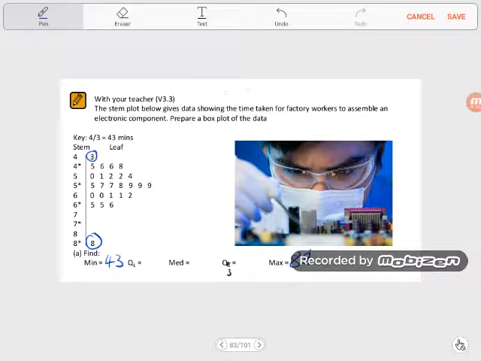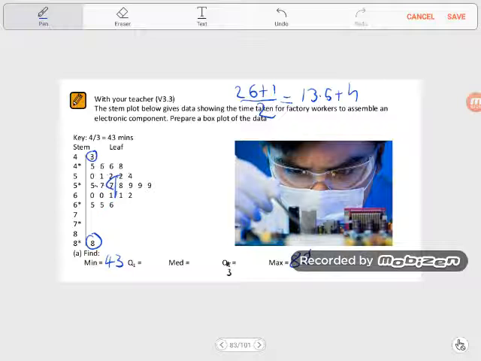So that little algorithm we had for the median and the position it was in: 26 total number of scores plus 1 over 2 is the 13.5 score. So let's see, where are we? 1, 2, 3, 4, 5, 6, 7, 8, 9, 10, 11, 12, 13.5.